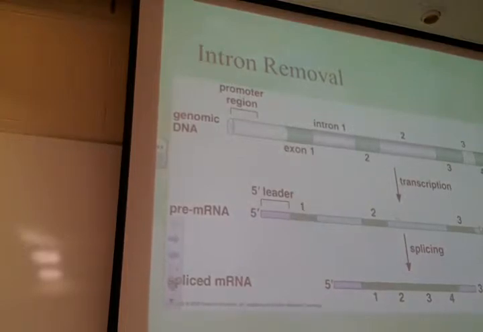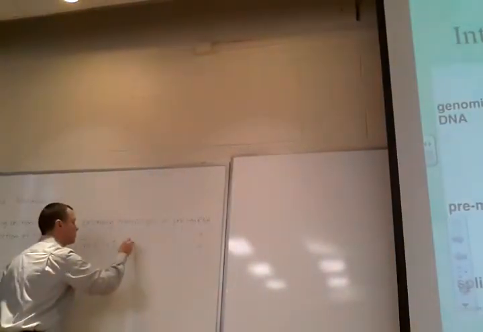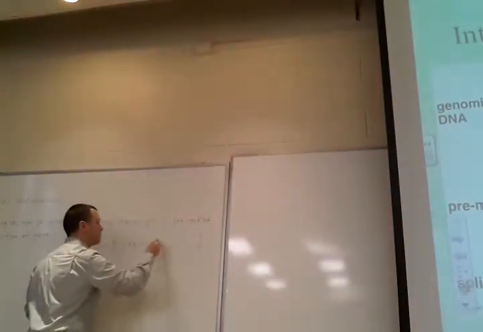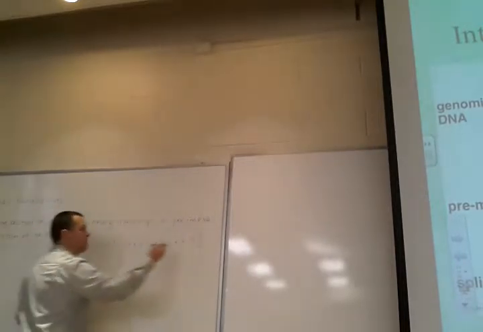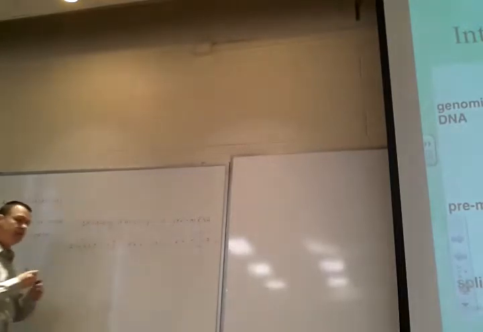Whatever you want to call it, it has both exons and introns in it, because that's all RNA polymerase can do. It just copies, it just makes RNA.